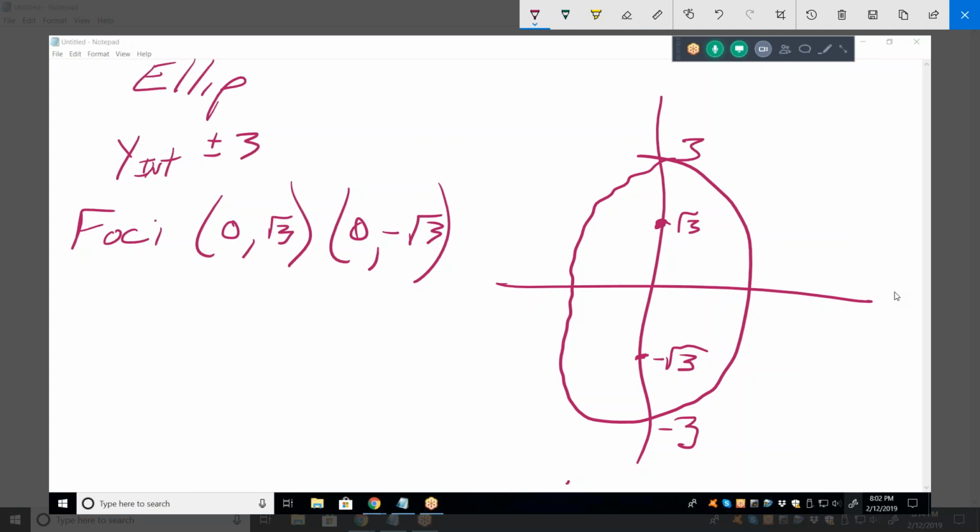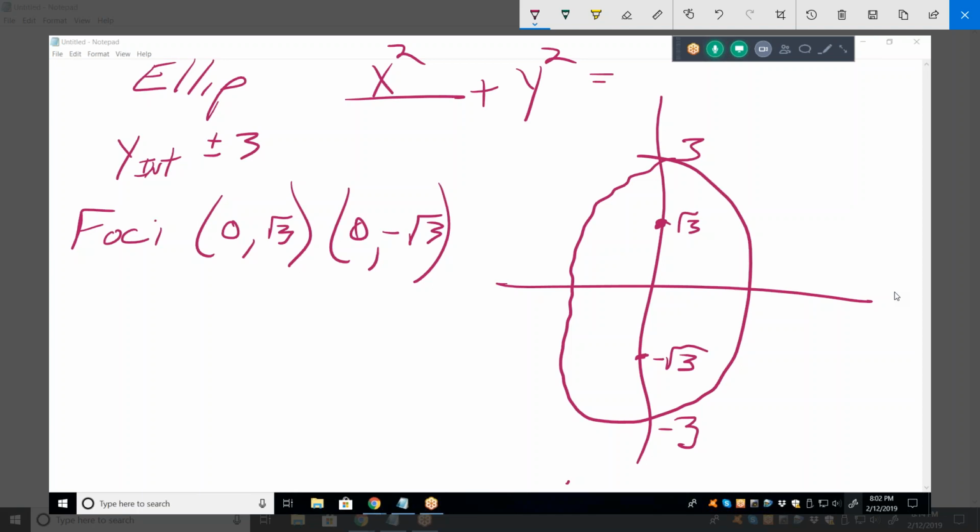All right. We got a lot to work with here. So let's see. The center is at the origin, right? Yeah, it has to be. It's symmetrical. So the standard equation that we're looking for is x squared over what?